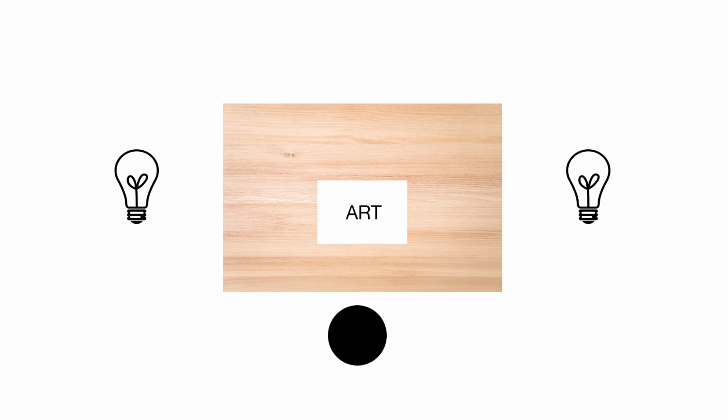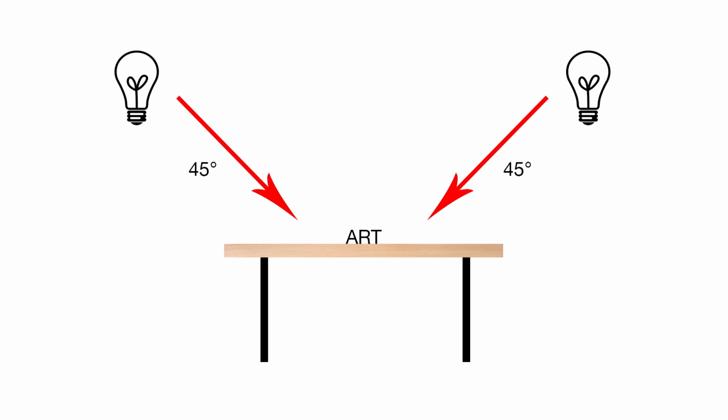Here's a look at my setup from above. As you can see, there's lights on either side of the drafting table, and they're positioned at a 45-degree angle so that light is evenly spread over the surface. This also helps to minimize any shadows that might happen. Here's another look at my setup from the side. As you can see, the lights are up off of the surface of the drafting table, and they're tilted down at a 45-degree angle.